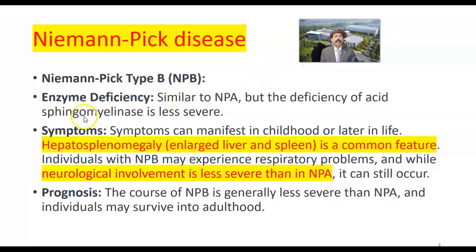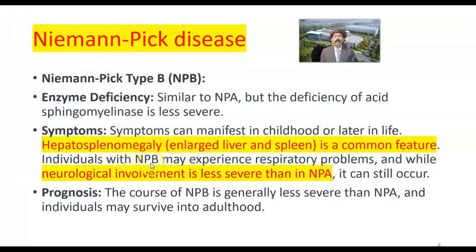Niemann-Pick disease B: enzyme deficiency similar to Niemann-Pick disease A, but the deficiency of acid sphingomyelinase is less severe. Symptoms can manifest in childhood or later in life.